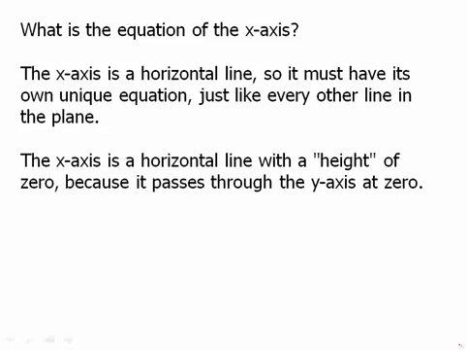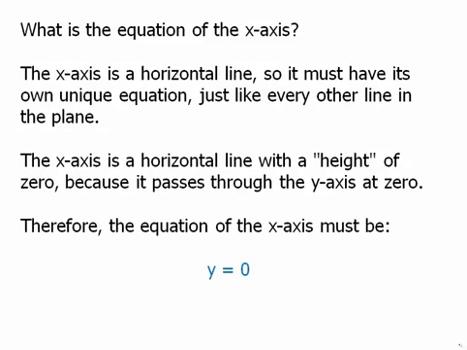The x-axis is a horizontal line with a height of 0 because it passes through the y-axis at the origin. It passes through at (0, 0). So that means that the equation of the x-axis must be y equals 0. And that is the equation of the x-axis.